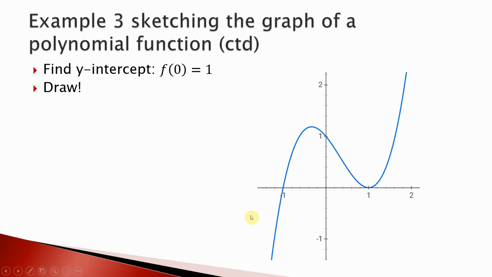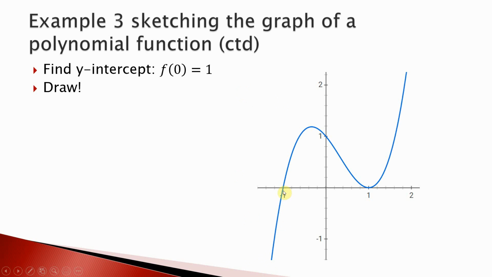Okay, because of the odd power of the leading term, and the coefficient of it is positive. So it goes down, and it comes like this when we increase x.